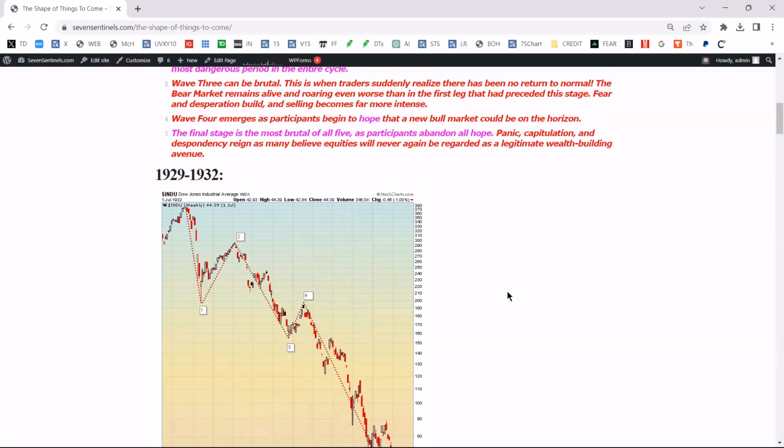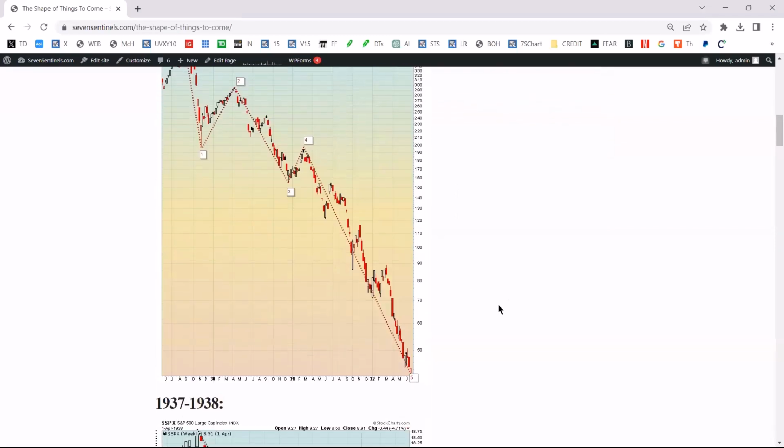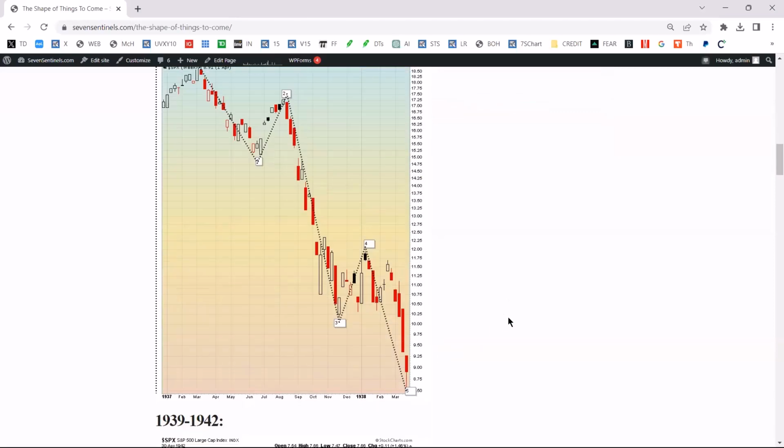In others, it becomes a short stage and then a wave 4, and then wave 5 becomes the longest, like in 1932. You see how 2 didn't last all that long, but it was pretty vicious. But wave 5 was the one that was the real wipeout.